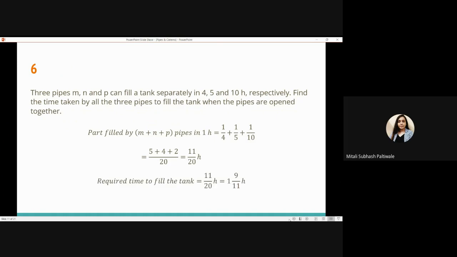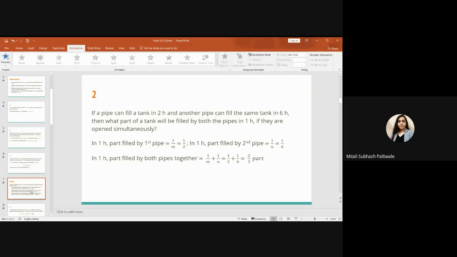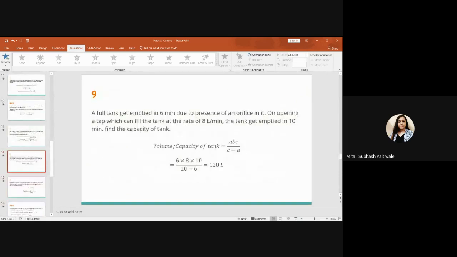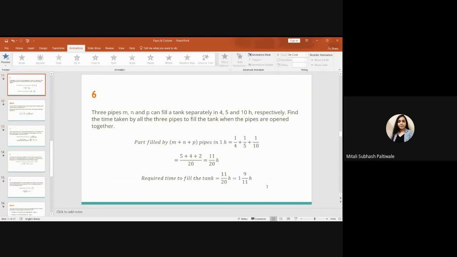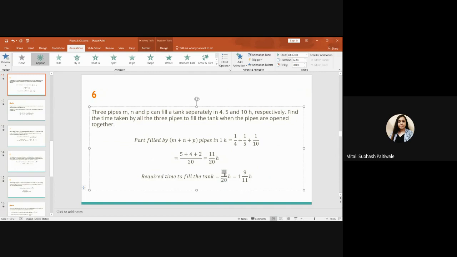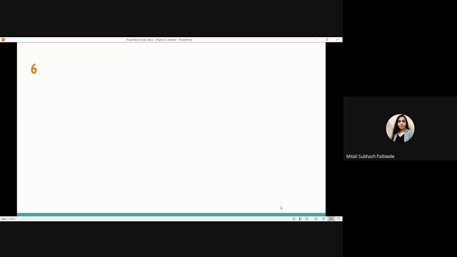So time taken would be 11 by, sorry, it's 20 by 11. I'm really sorry, it's 20 by 11. Which is nothing but 1 into 9 by 11 hours. So that's it.